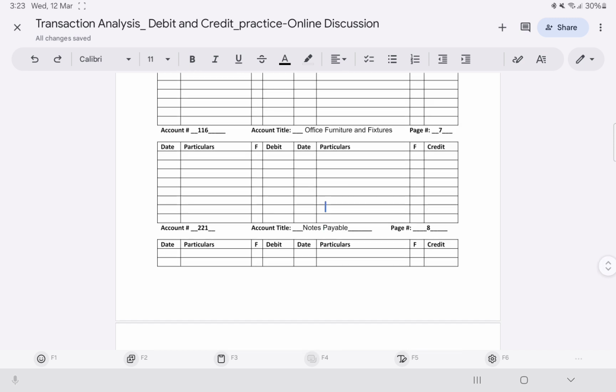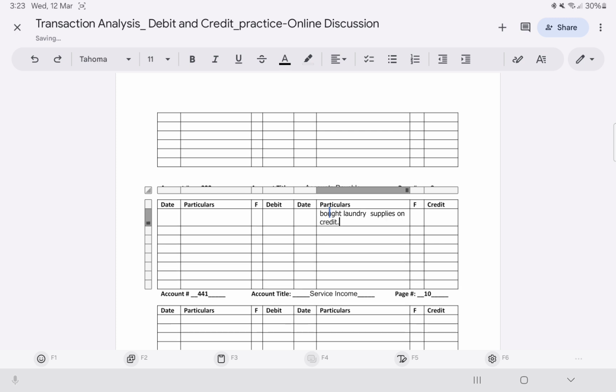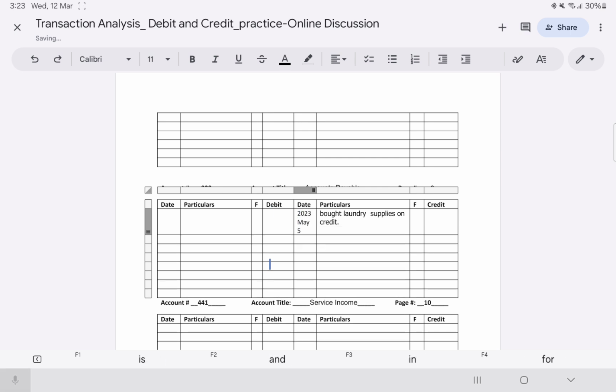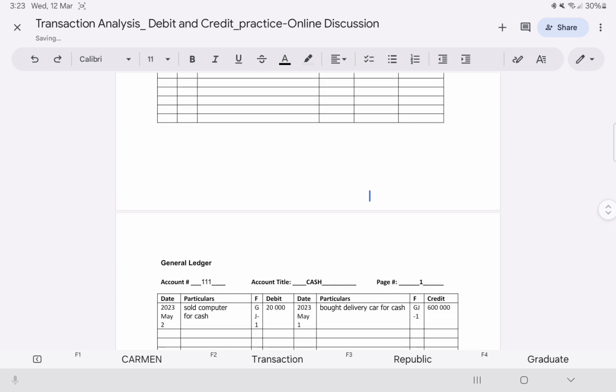Here we have accounts payable, credit. So this is the May 5 transaction, and we need to put first the year 2023 May 5, JJ-1, and the amount is 35,000 if I'm not mistaken.